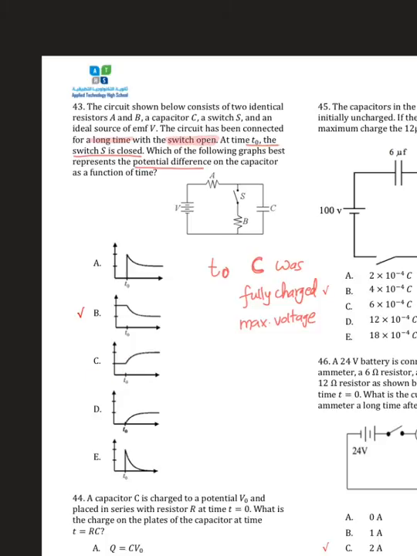But because the capacitor is now getting discharged, the voltage has to drop or decrease. And hence we have got the option B.